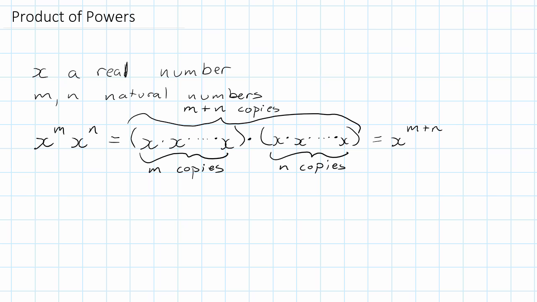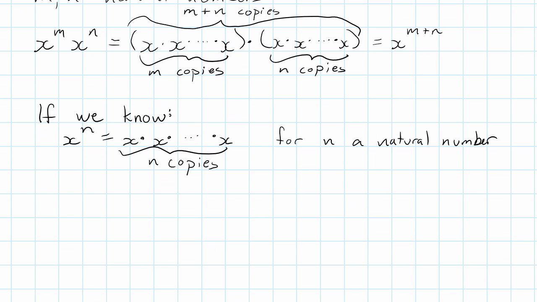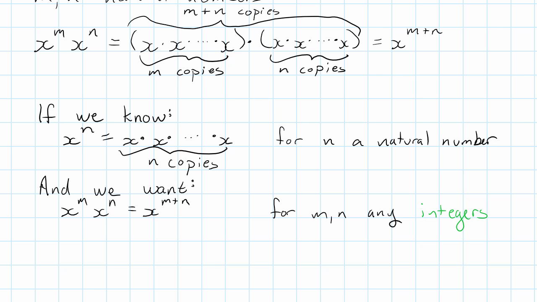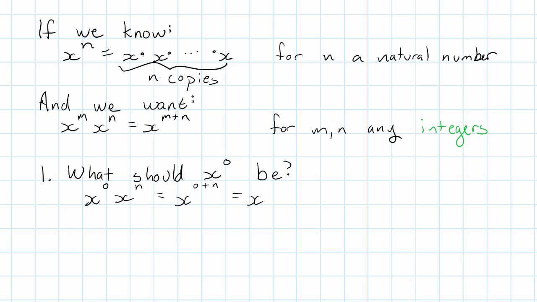So, if we know that x to the n means n copies of x multiplied together, and we want x to the m times x to the n to be x to the m plus n for m and n any integers, well, first question, what should x to the 0 be? Well, it must be that x to the 0 times x to the n equals x to the 0 plus n equals x to the n.